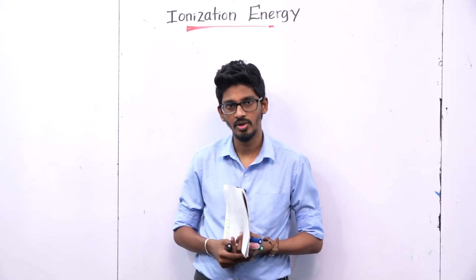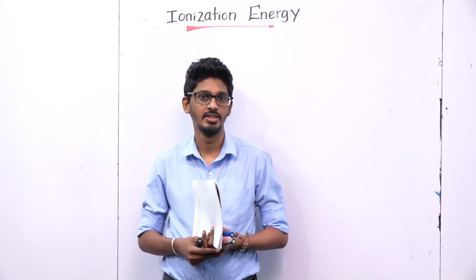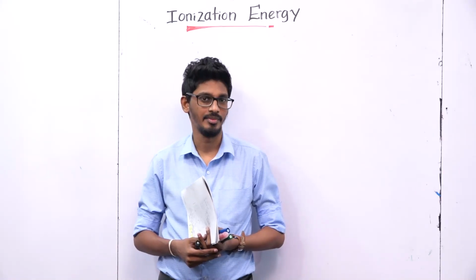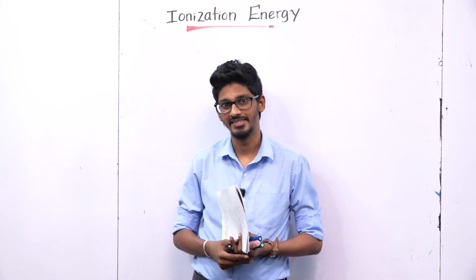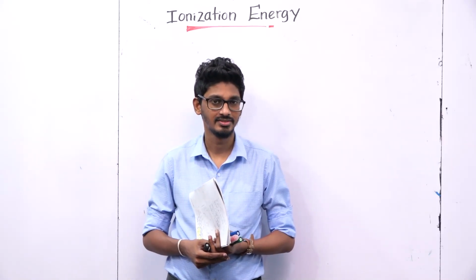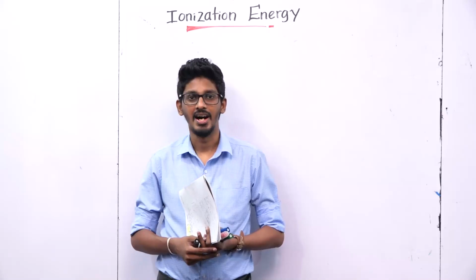So actually, in your O levels, you may have studied the ionization energy trend. Do you remember that zigzag trend going towards the right of a period? That is about the ionization energy.